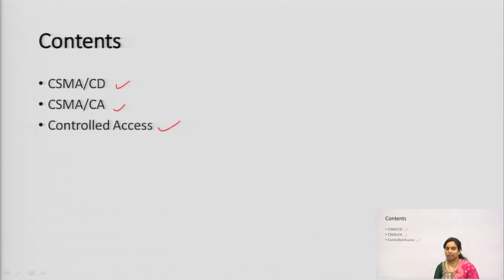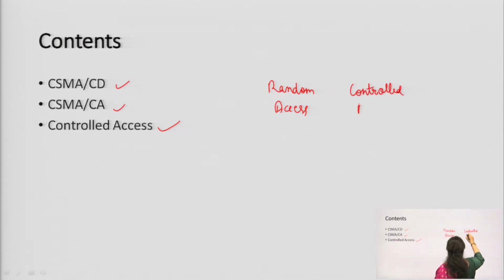In the previous lecture we have seen multiple access protocols, different types of multiple access protocols: the random access protocol, then the controlled access protocol, and the channelization protocol.